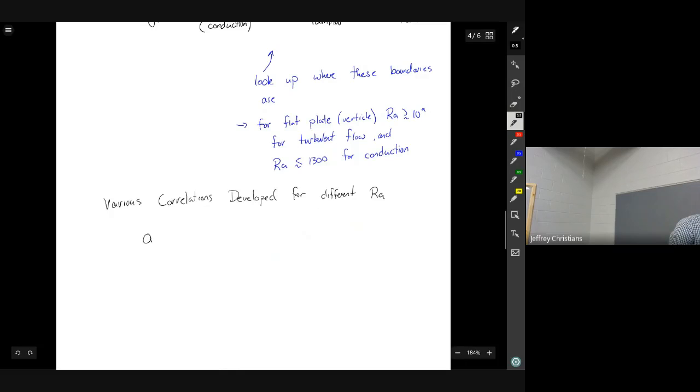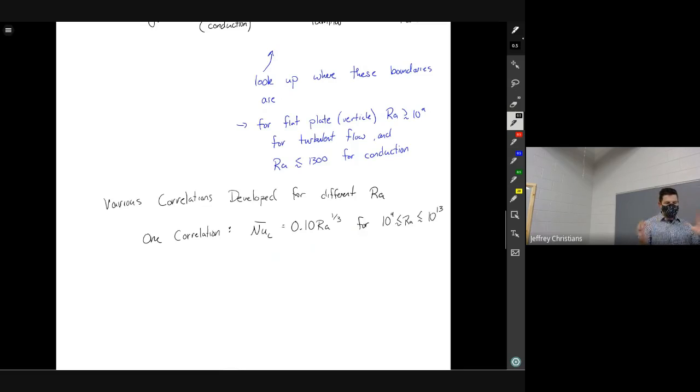So one correlation, just to give a sense of what's out there, would be something like the Nusselt number equal to 0.10 times the Rayleigh number to the 1/3, for a Rayleigh number of, or sorry, this is for greater than 10 to the 9 to like 10 to the 13.